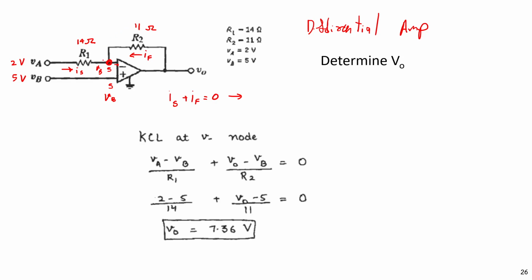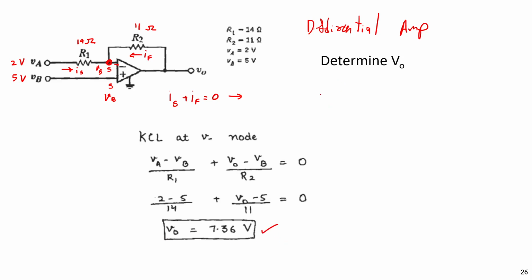Vout minus VB by RF is IF, right? We substitute the values. VA is 2, VB is 5, Vout we leave it, and R1 is 14, RF is 11. So we solve for Vout, we get this value, right?